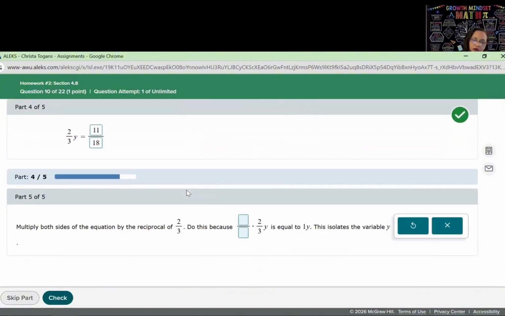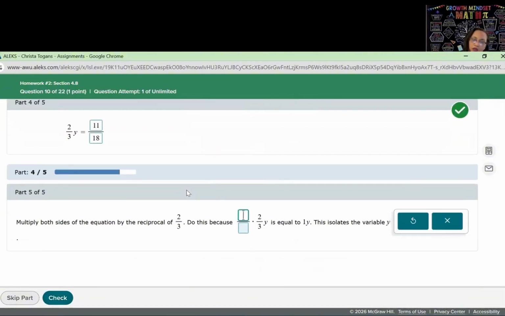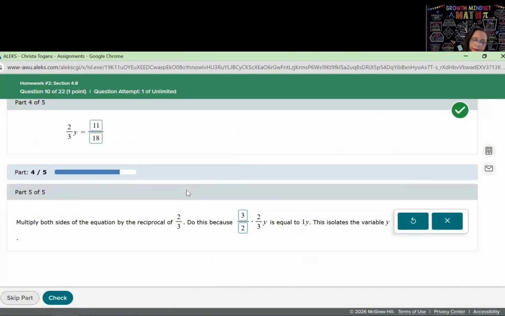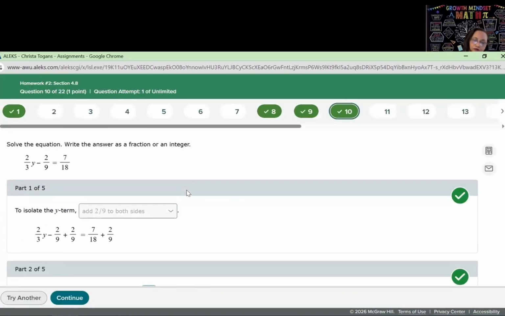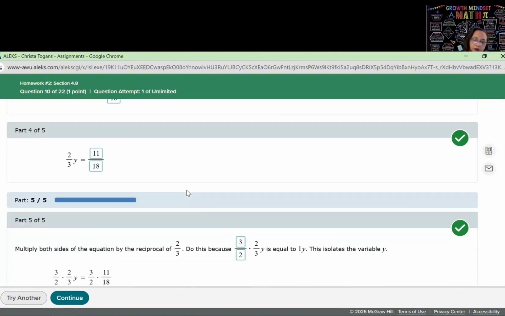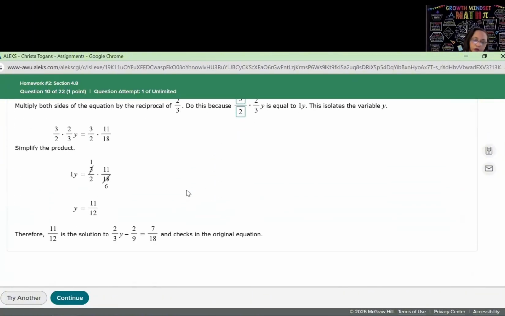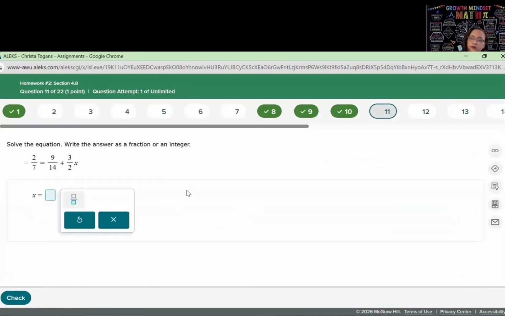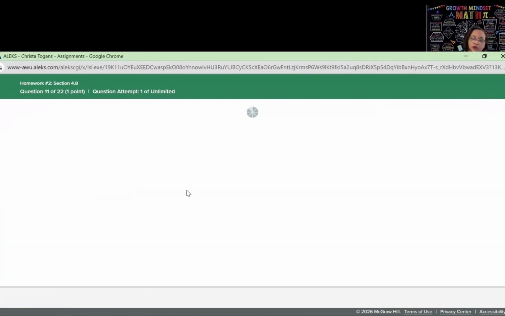And then we multiply by the reciprocal, and you should have some intuition now. And then therefore 11/12 is the solution.